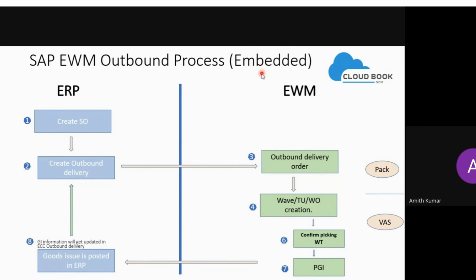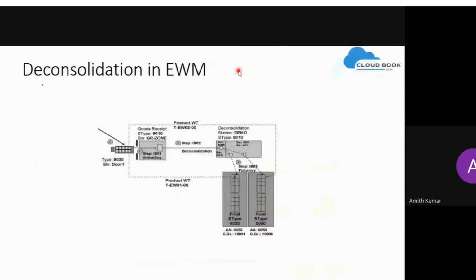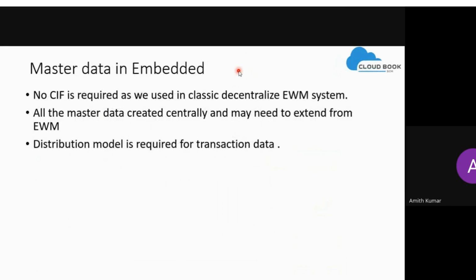Here we really don't have to worry about master data much, because since it is embedded, whenever a material master, vendor master, customer master or business partner is created in ERP, it will also be available for EWM. There is no need for separate replication of master data from one system to another. Those kinds of replications are needed only if you are using a decentralized EWM, meaning a different box altogether. So we don't have to worry about it.